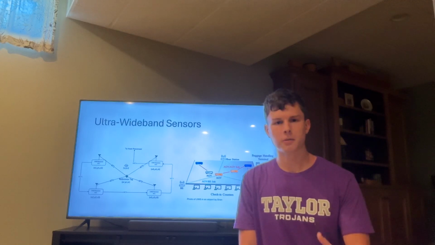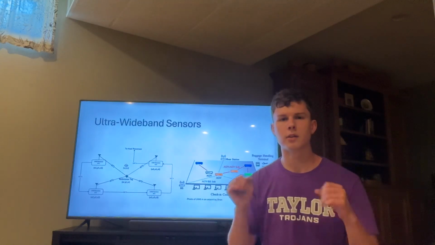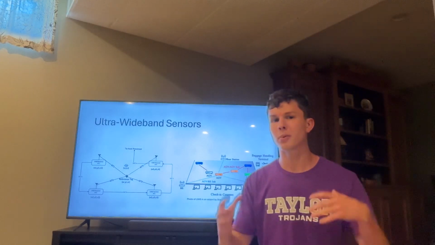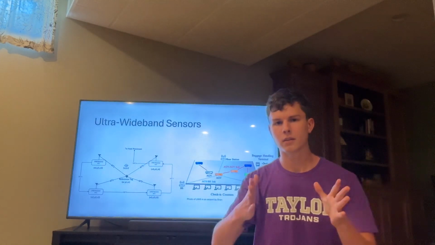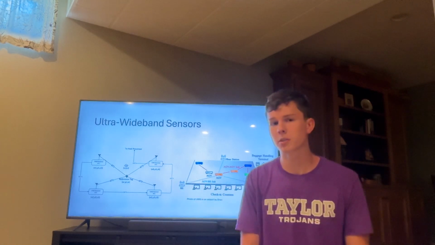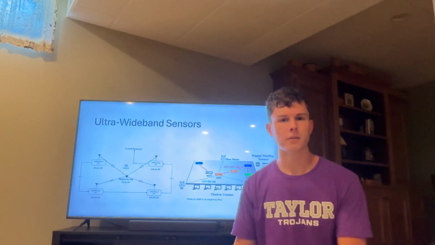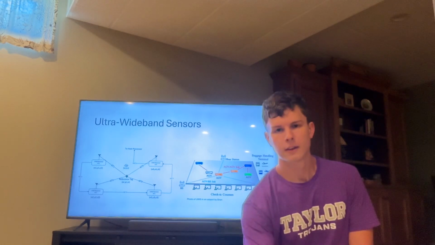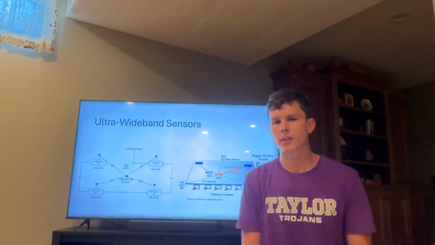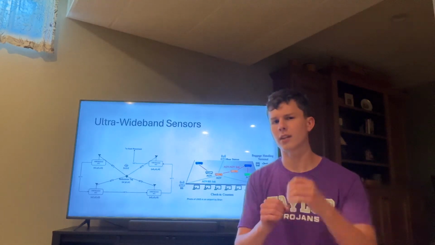These sensors have multiple routers that send out signals to the robot, and the robot will take in the signals from the routers and can tell how far away it is from each router. Then using that, it can triangulate its position inside of the facility to tell exactly where it is within a hospital, and kind of like a GPS, it can tell where it is and how it can get to where it needs to be.